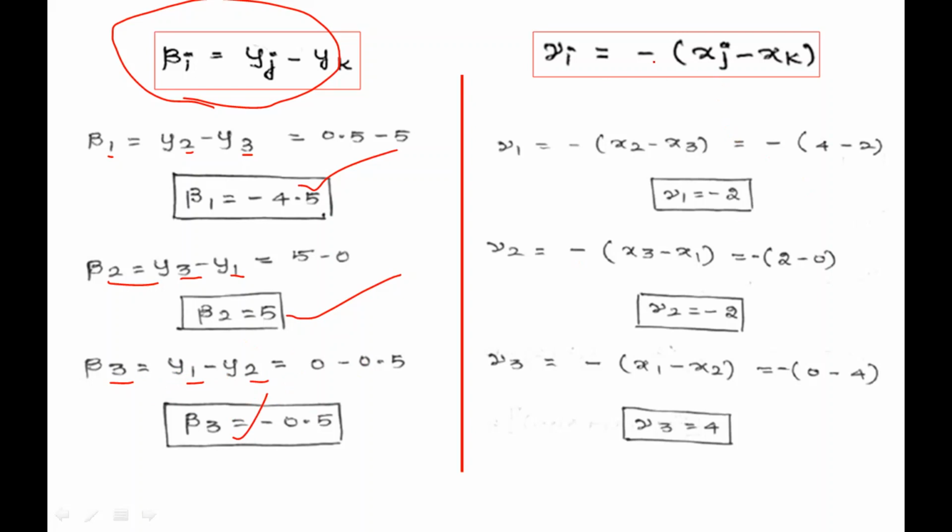In gamma we have one extra minus sign that we have to understand. So gamma i is equal to minus of (xj minus xk). So gamma 1 is minus of (x2 minus x3), which is minus 2. Gamma 2 is minus of (x3 minus x1). Here we are getting minus 2. Gamma 3 is minus of (x1 minus x2), which is coming as 4. Gamma 3 is 4.